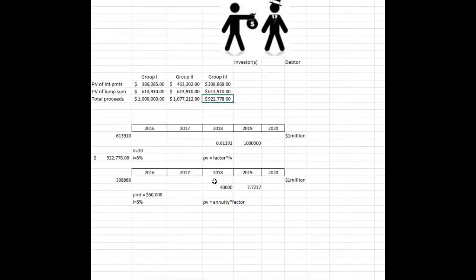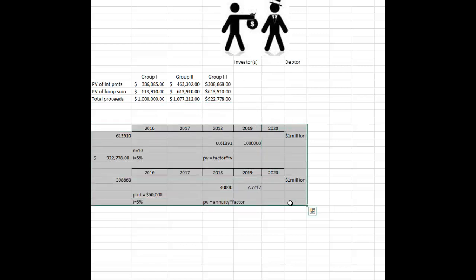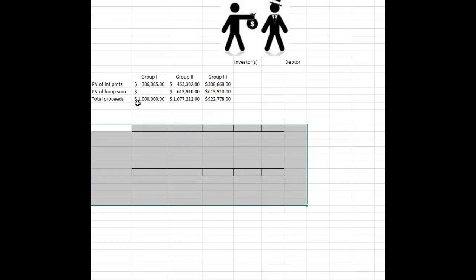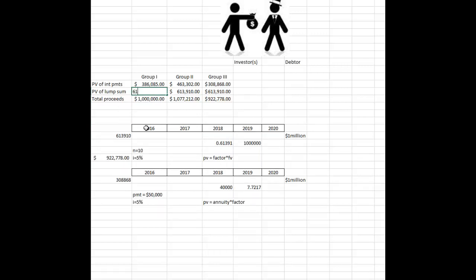Okay, so all of that is to tell you that these three figures here dictate how much cash changes hands from the investor to the debtor on day one, when the contract is signed, sealed, and delivered. So by deleting that, let me just type this in here quick.